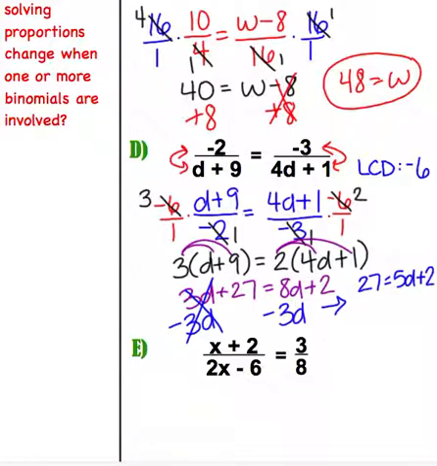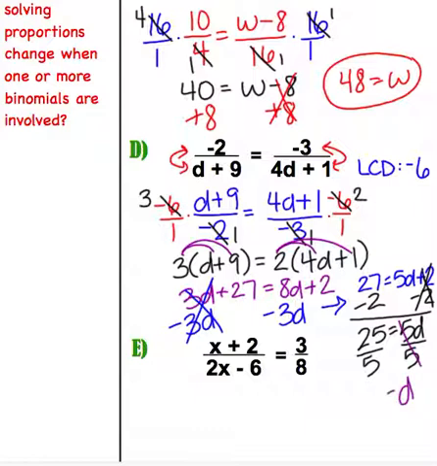Then I can go ahead and subtract 2 from both sides, giving me 25 equals 5D. Divide by 5 on both sides, canceling on the right, giving me D equal to 5.